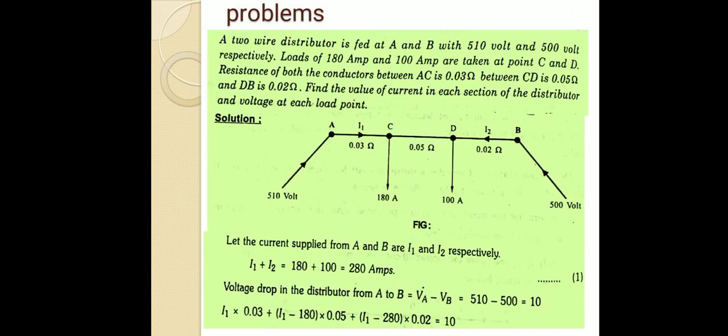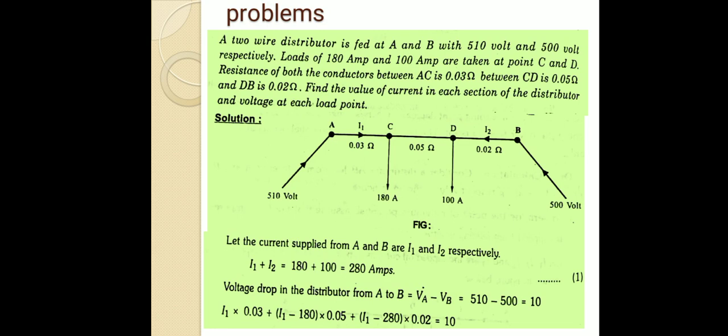In case 2, the distributor is fed at both ends with unequal voltages, that is VA minus VB is equal to IA RAC plus (IA minus I1) RCD plus (IA minus I1 minus I2) RDE plus (IA minus I1 minus I2 minus I3) REF plus (IA minus I1 minus I2 minus I3 minus I4) RFB. While doing problems you will get the idea about the distributor fed at both ends.